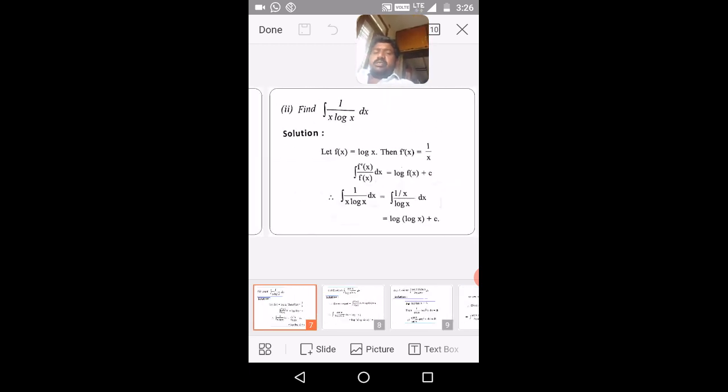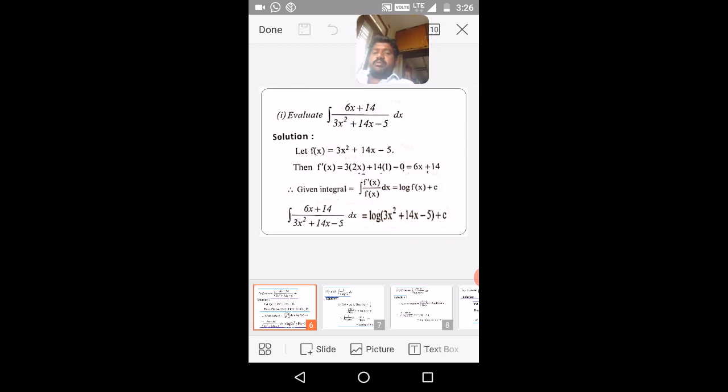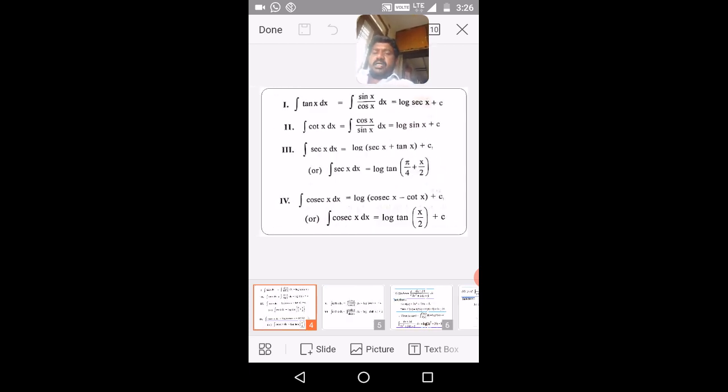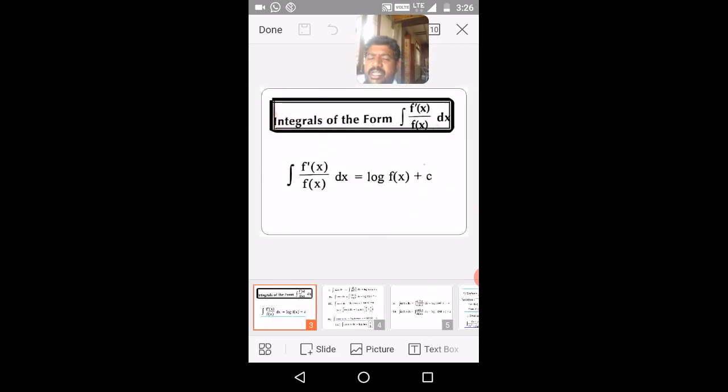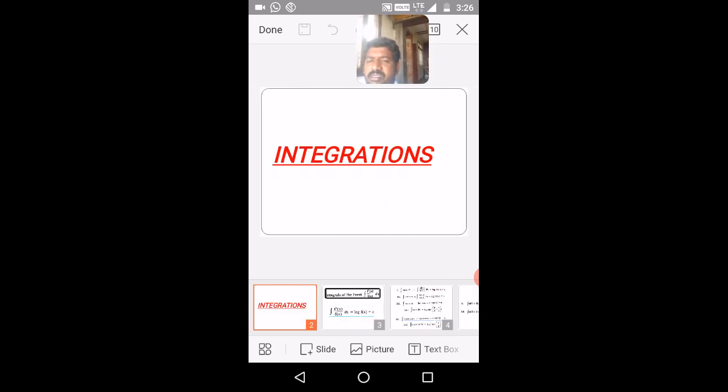so by this, most probably all the standard forms regarding this substitution method of integration are completed, and another method in integration, that is integration by parts, is a very important thing.